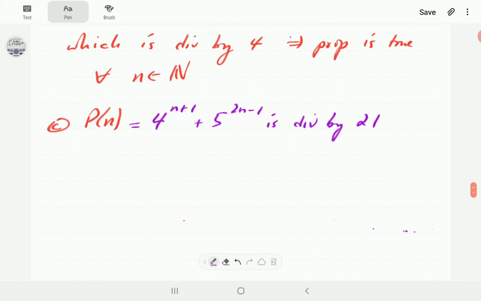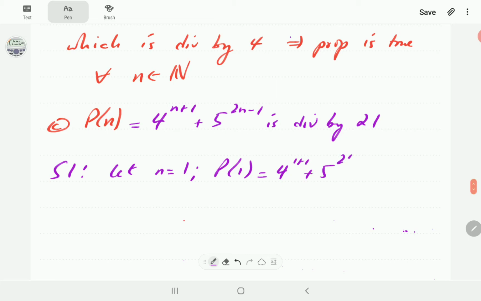So, step number 1, let n be, let's go with n equals 1 this time. So P of 1 is going to be 4 to the power 1 plus 1 plus 5 to the power 2 times 1 minus 1. This is going to be 4 squared plus 5 to the power 1.